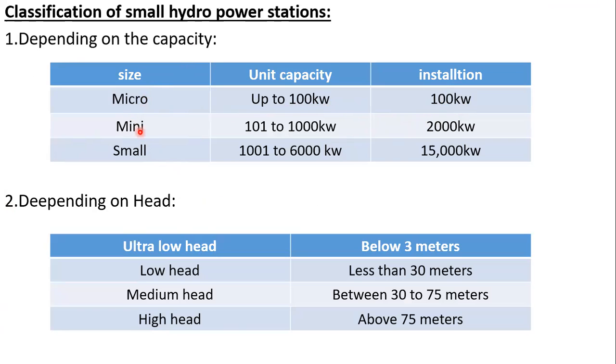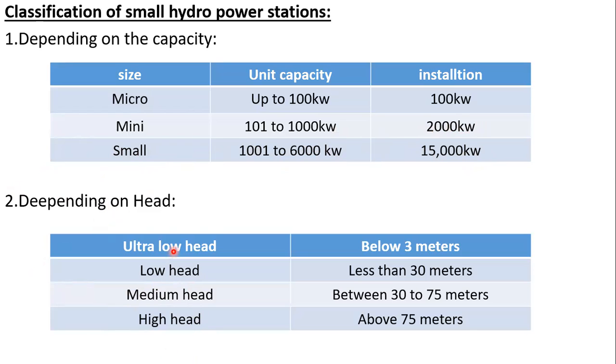The mini size is from 101 kilowatts to 1000 kilowatts, and the installation capacity is 2000 kilowatts. And for the small one, the unit capacity is from above 1001 to 6000 kilowatts, and the installation capacity can go as high as 15,000 kilowatts.